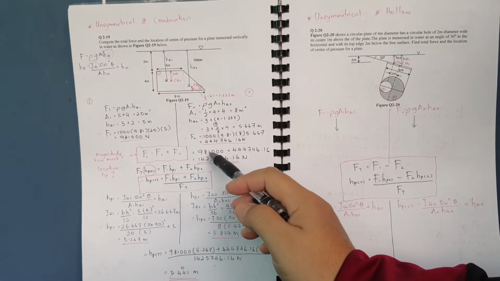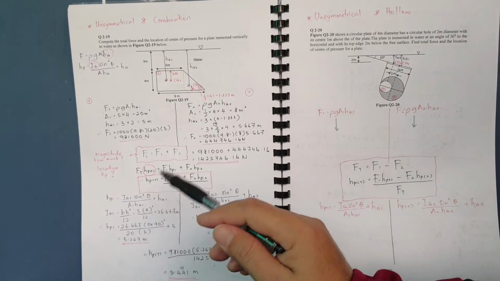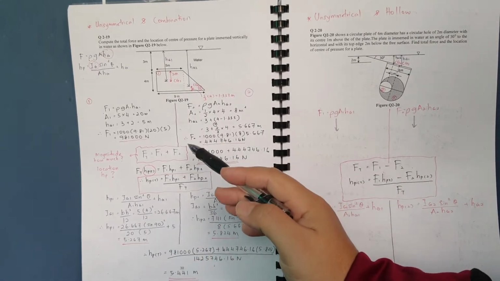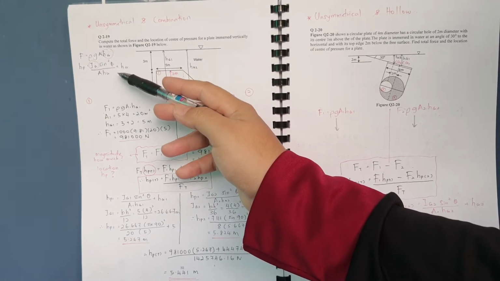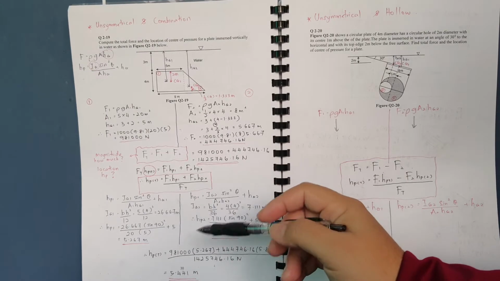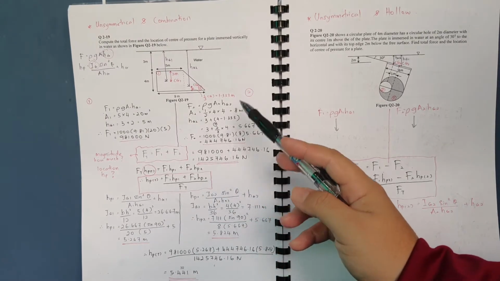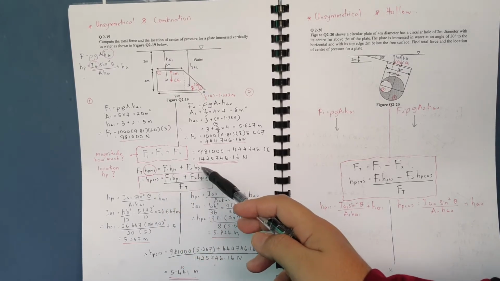Okay, F1 plus F2. Now to determine the location of Ft. Last class we directly used the equation Hp equals Ig sin squared theta over A h-bar G, plus h-bar G. But for the combination, we start from the moment equation.